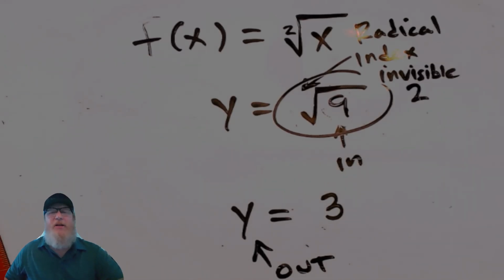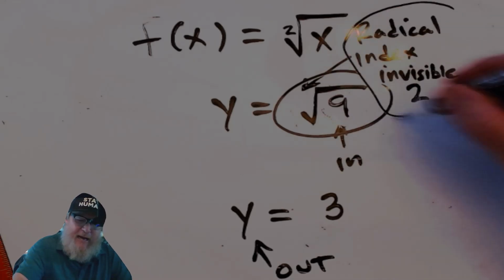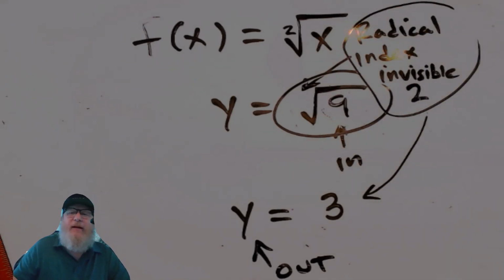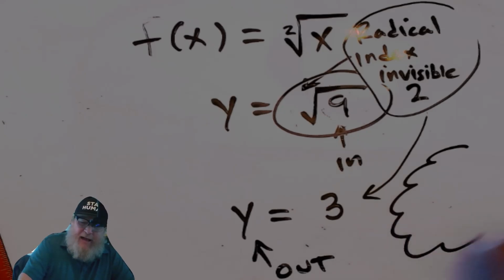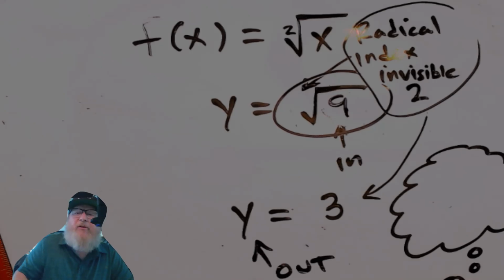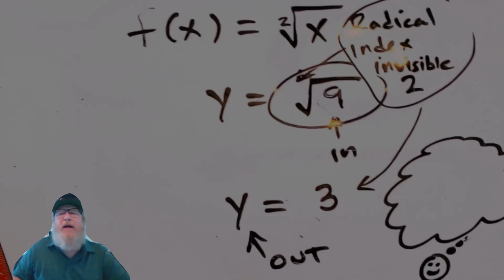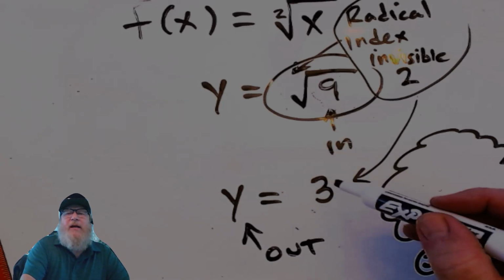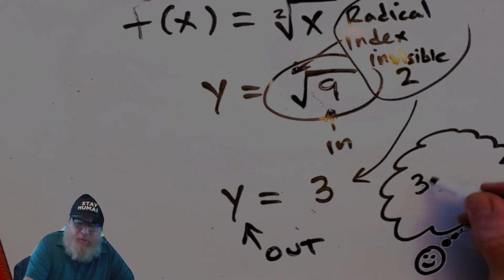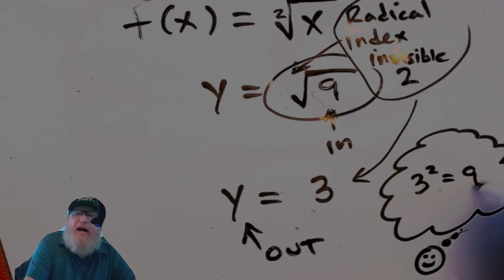It also shows you the invisible index. Again, you've seen me draw these clouds before. The clouds are what you're thinking when you do a mathematical operation. I don't know if you see the little face there, but there's my brain thinking about math. And so I'm thinking 3 squared is equal to 9.